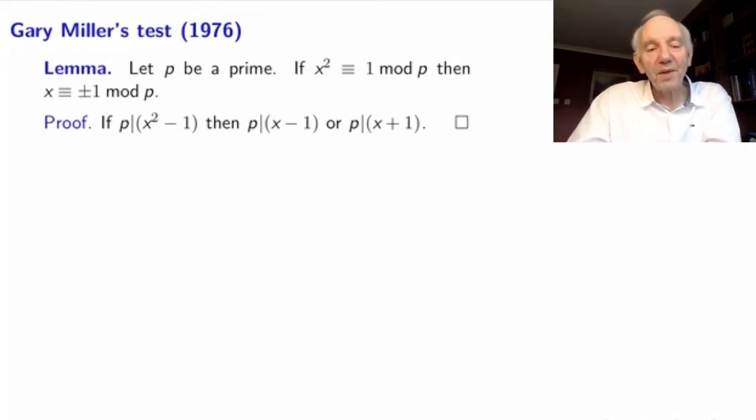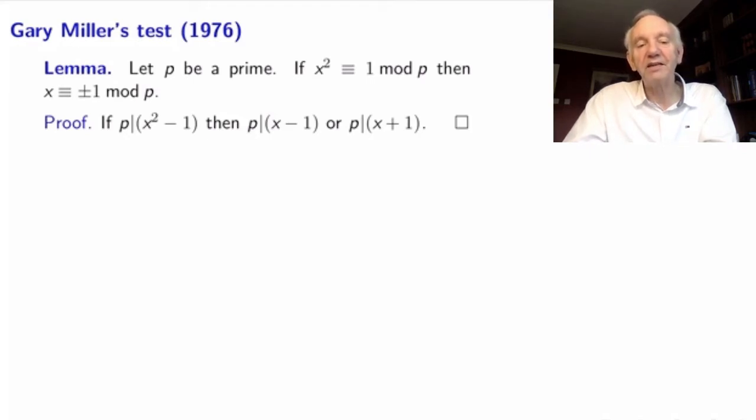So, first of all, before I tell you what the test is, let me remind you of another lemma. And this says the following: if p is a prime number, and we want to extract a square root of 1, so x squared is 1 mod p, then we know with certainty that x has to be either plus 1 or minus 1 mod p.